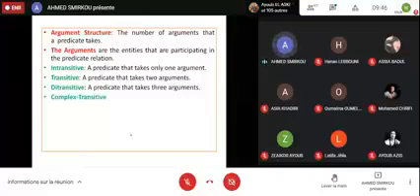One further type of verbs is complex transitive. It's not related to syntax, but I'm just going to explain it. A complex transitive verb is a verb that requires an object and the object complement.